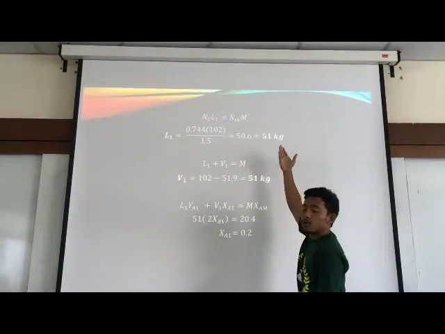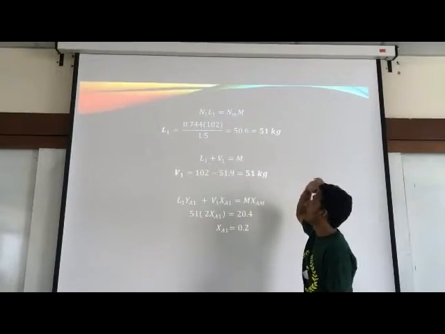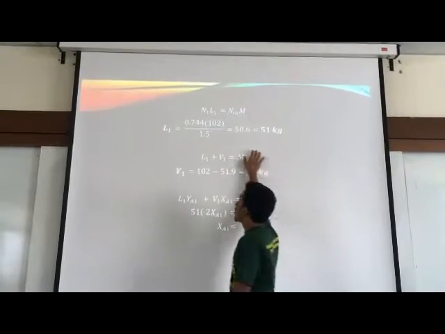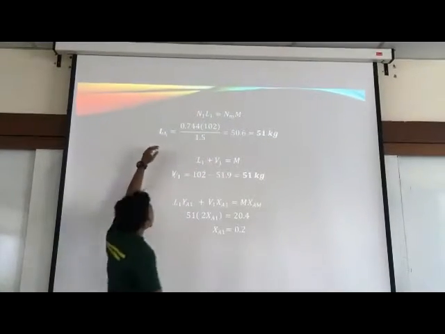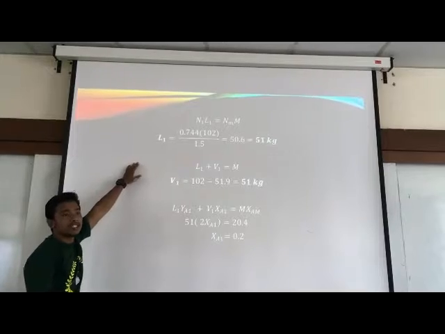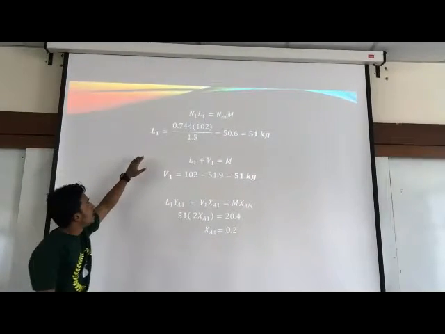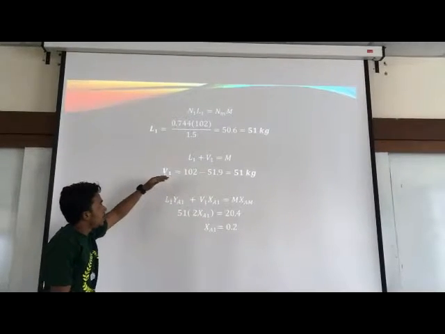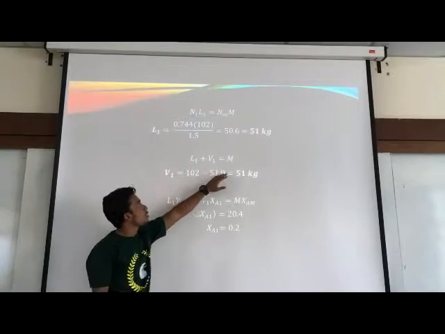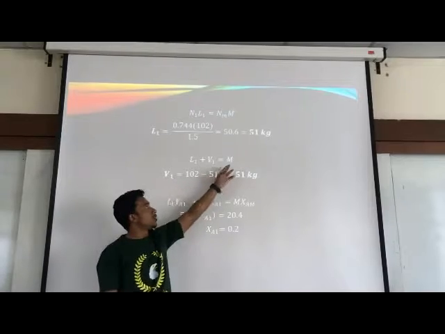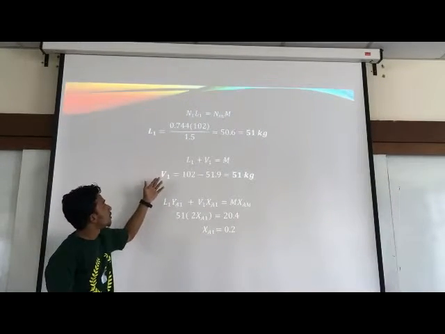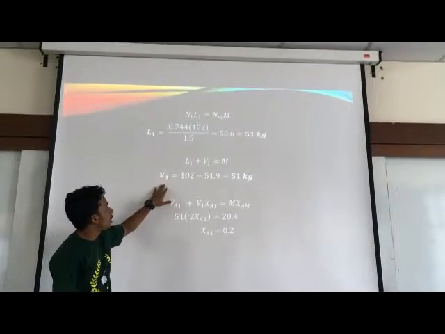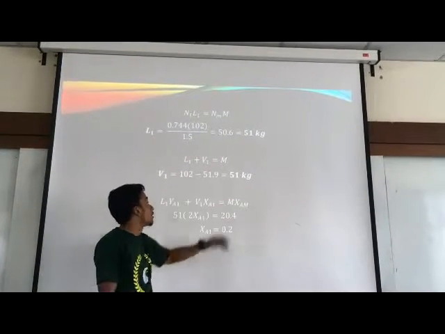Okay, we have already calculated the NM, so here we can calculate L1 because the question wants us to find L1, and here L1 we get 51 kg, and then we can continue. This is from the formula, and we already know the M value, so we can put it in and get V1 is 51 kg.